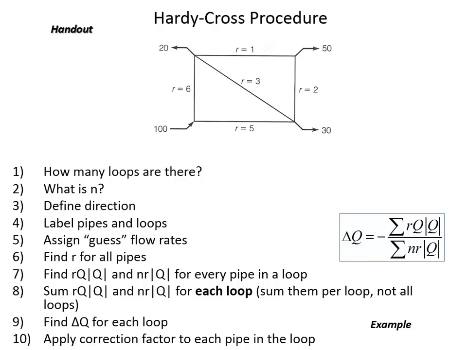So negative 2.668. That's the delta Q for each one of them. And so the corrected Q will just be our guess of 50 plus the correction factor. So 47.332, 12.332, and negative 52.668.